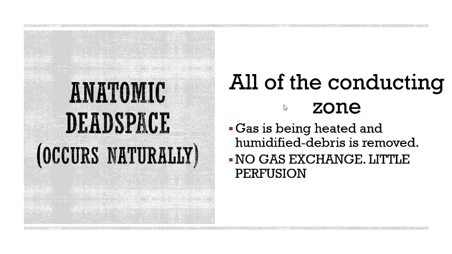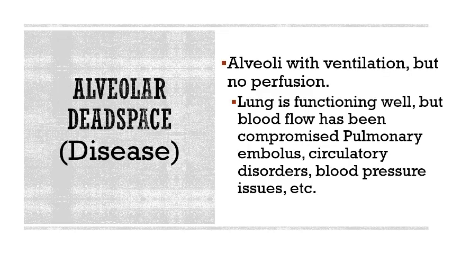There is some blood flow, but not much. This is the area where your gas is being heated and humidified, where debris is being removed. There's not very much gas exchange happening here because there's very, very little perfusion. So this is normal, naturally occurring anatomic dead space. This has nothing to do with your overall health. This is something that is going to occur in all individuals.